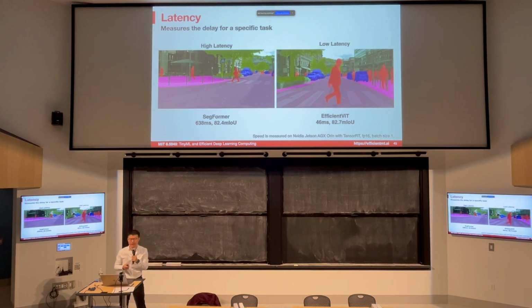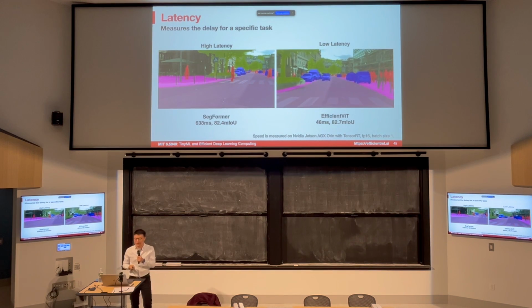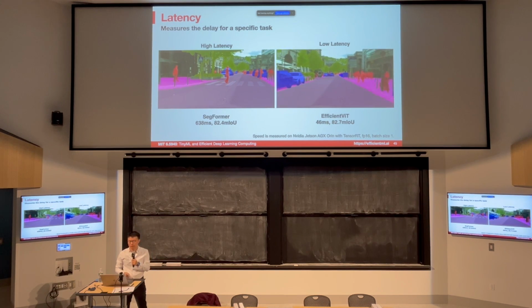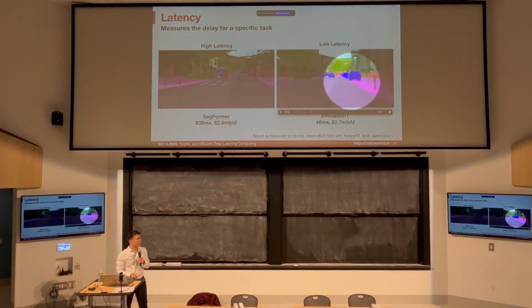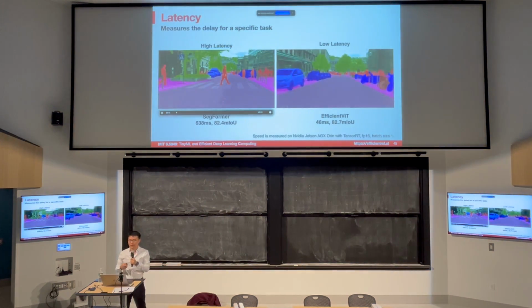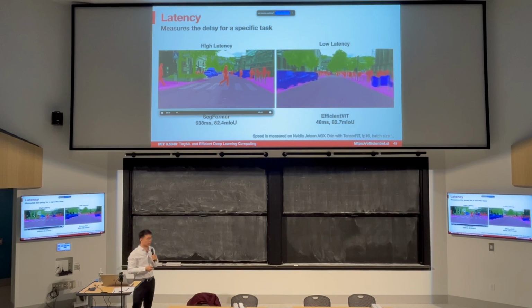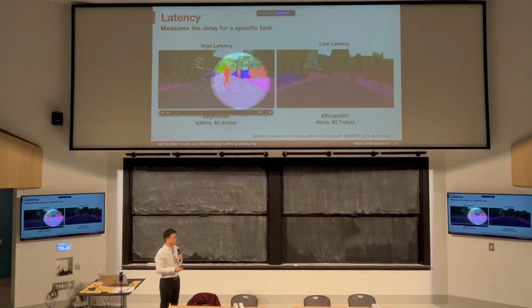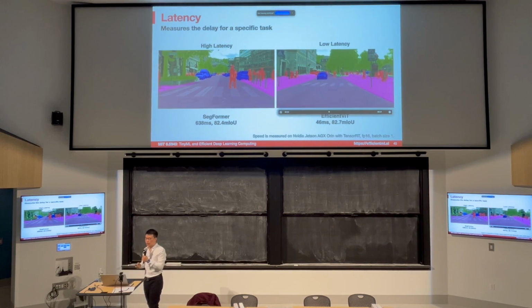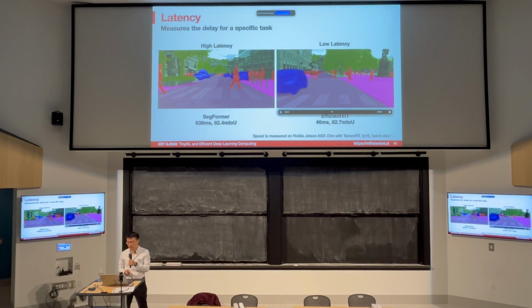What is latency? Latency measures the delay for a specific task. Let me directly show you an example. On the left-hand side, it's high latency, right? To predict the segmentation mask of output takes a long time. And the right-hand side is lower latency, only 46 milliseconds to process each frame.